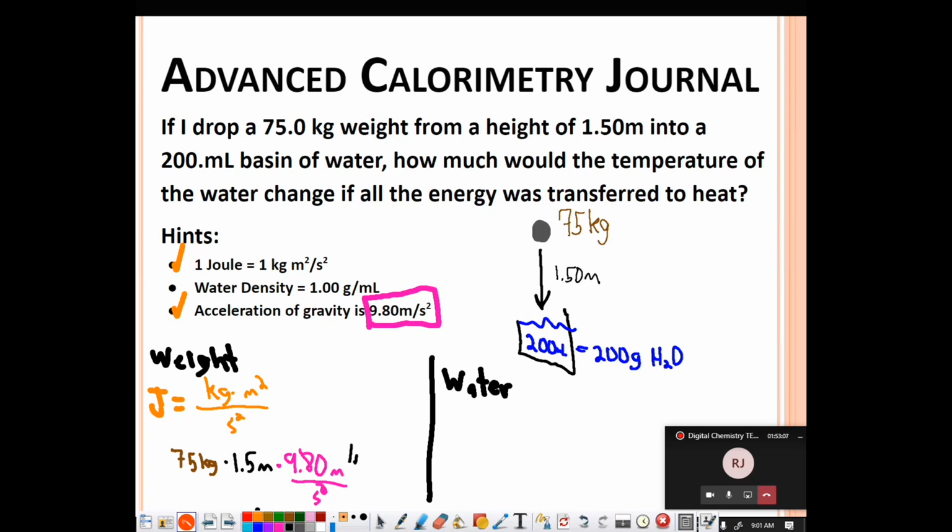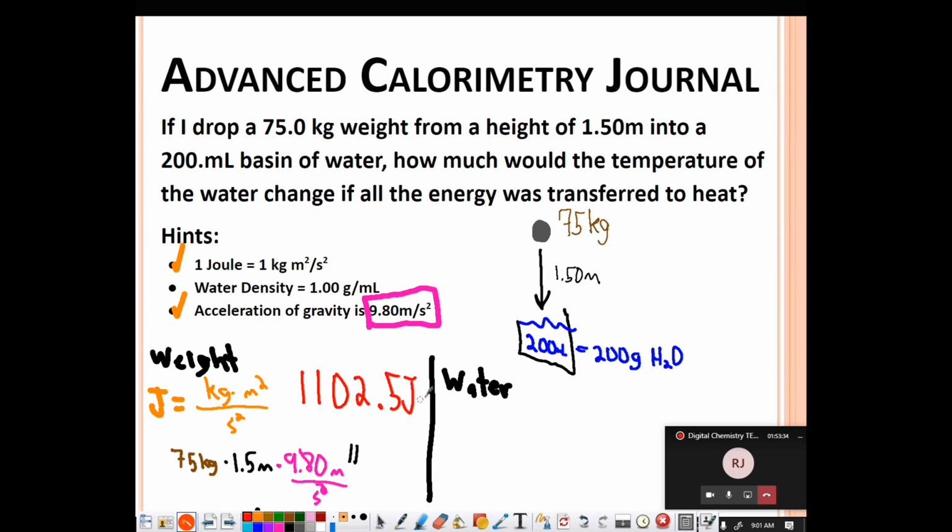This here is going to give me the joules. It's going to give me how much energy that weight put into the water. So 75 times 1.5 times 9.8. Now I do not want to sig dig this yet.